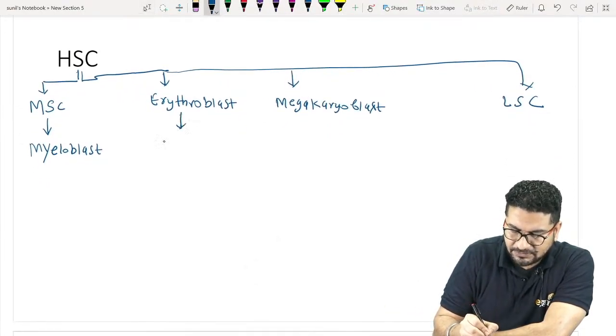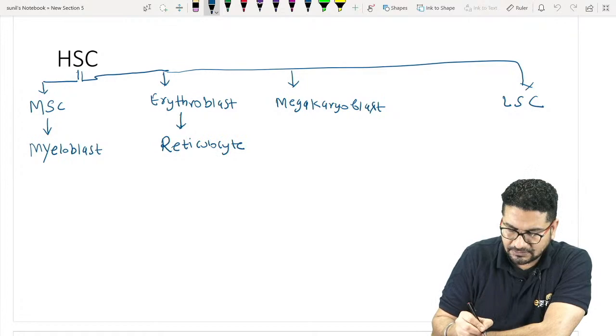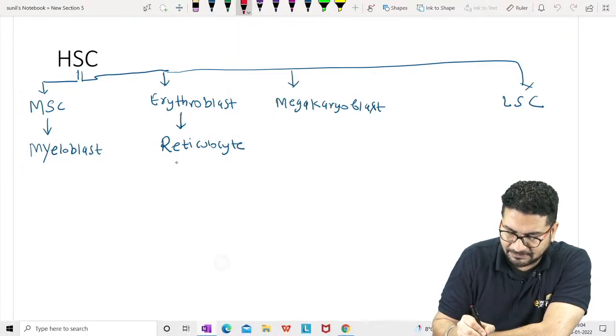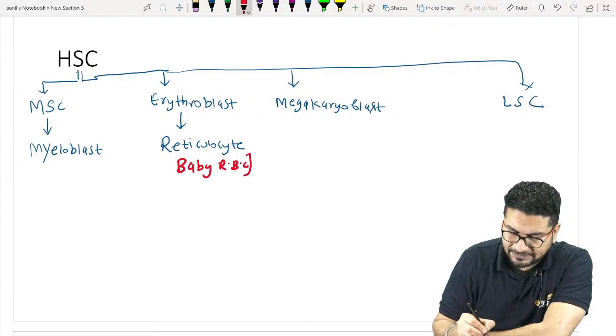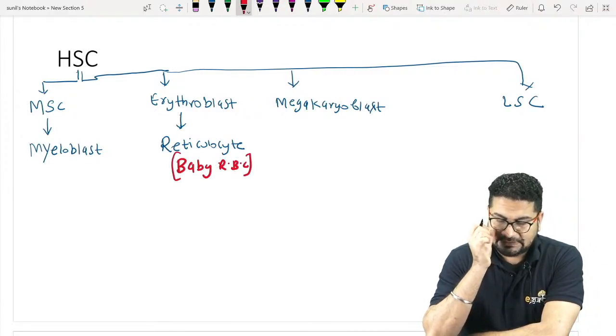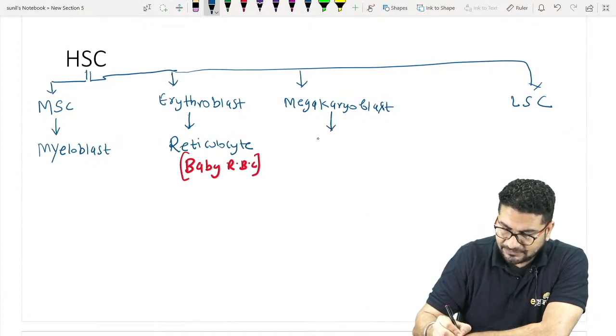Erythroblast will form your reticulocyte. So what is the meaning of reticulocyte? Understand this. Reticulocytes are nothing, you can remember, these are called baby RBC. Similarly, megakaryoblast will proliferate to form megakaryocyte.